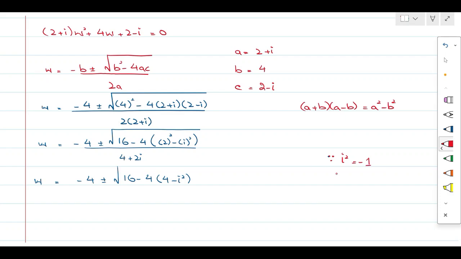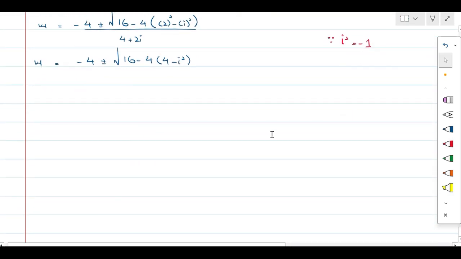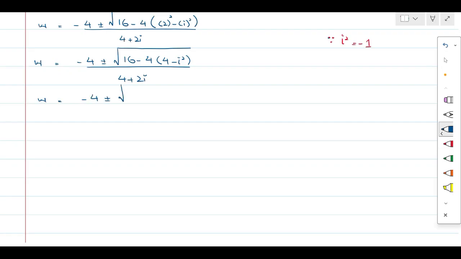This is a standard value for iota square, right? This thing divided by 4 plus 2 iota. So w is equal to minus 4 plus minus square root of 16 minus 4 into 4 minus minus 1, which is plus 1, because iota square is minus 1, this minus 1 and this minus 1 becomes plus 1, right?